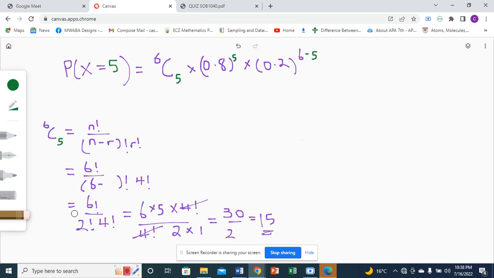With 6 factorial over 6 minus 5 factorial, 5 factorial. And here we're going to have 1 factorial and 5 factorial.